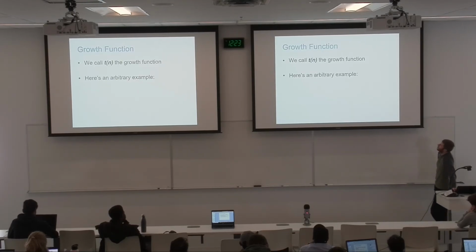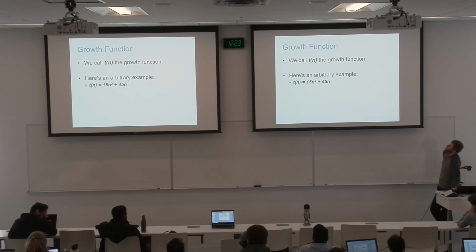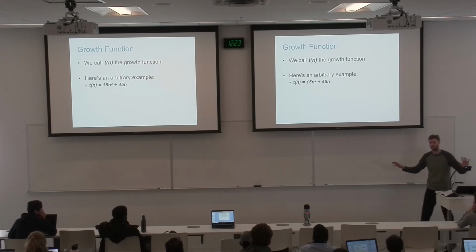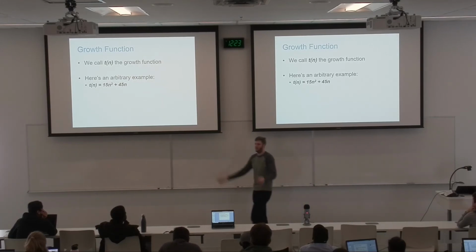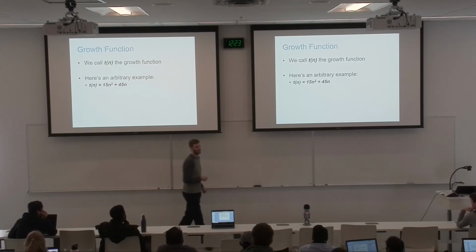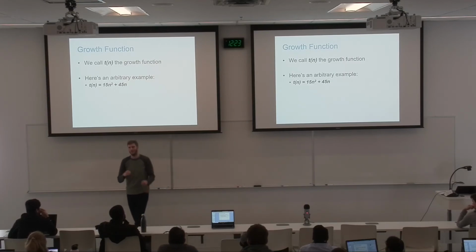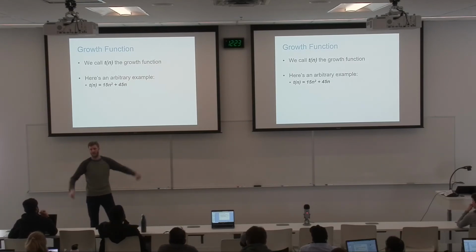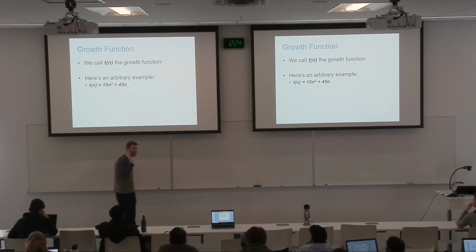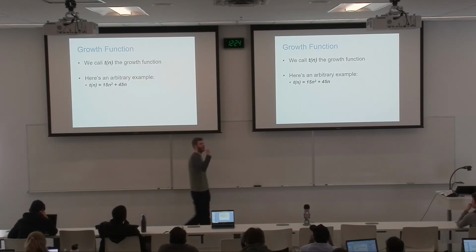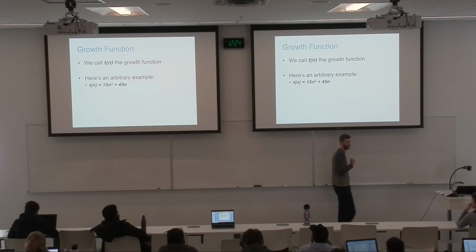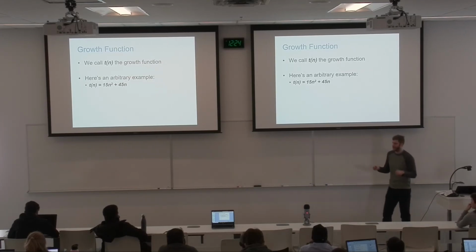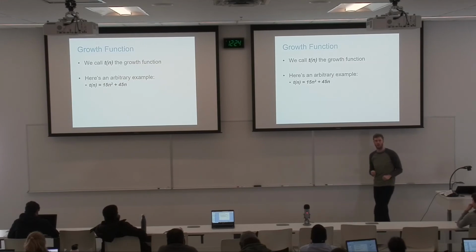So t of n we call the growth function, and here is an arbitrary example: 15n squared plus 45n. Completely arbitrary. If you're asking what's the significance of those numbers, they're pulled out of thin air, right? But let's pretend this function gives the amount of time, or the amount of computing required, for an algorithm to run.